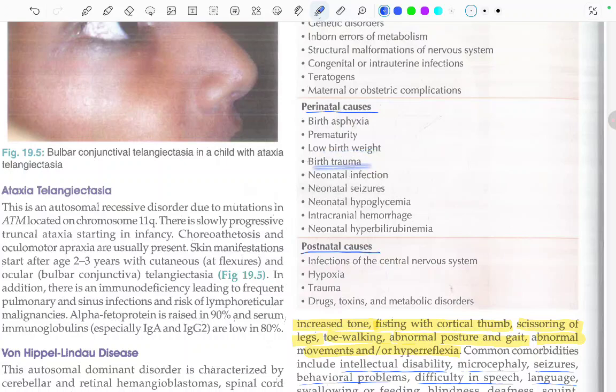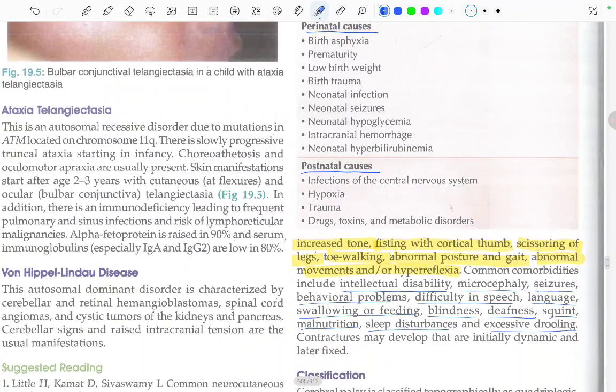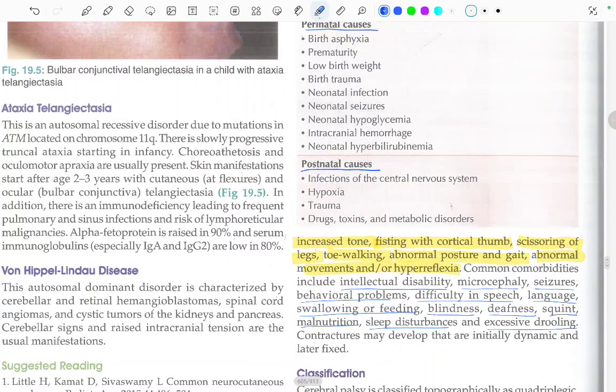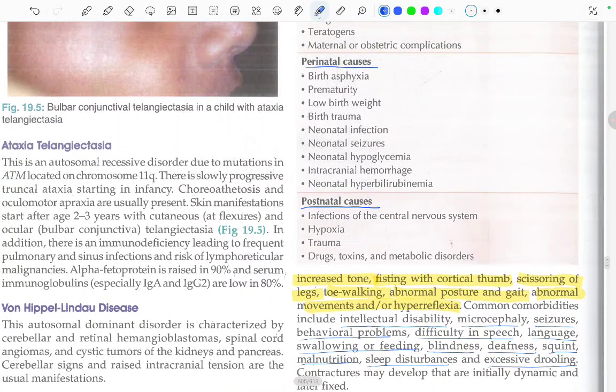Birth trauma, we all know. Neonatal infection and neonatal seizures are also causes of CP. Neonatal hypoglycemia, these three factors, infection, seizures and hypoglycemia, are also perinatal causes. And then comes intracranial hemorrhage and neonatal hyperbilirubinemia.